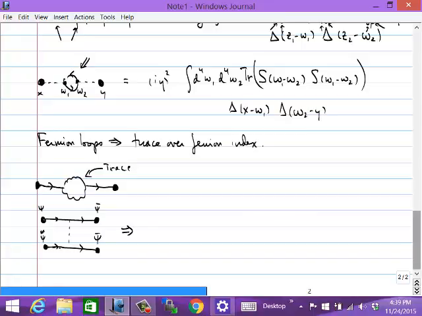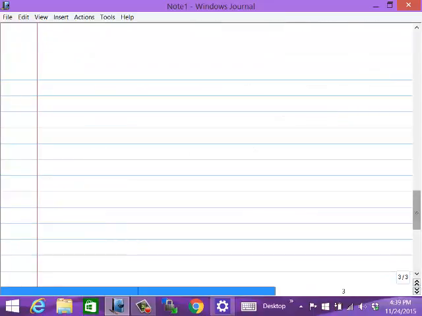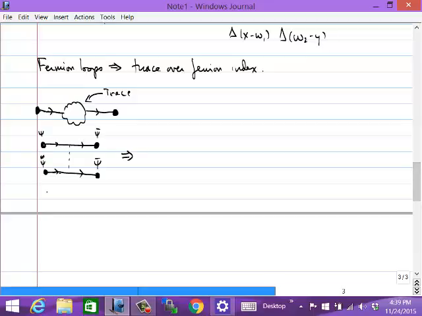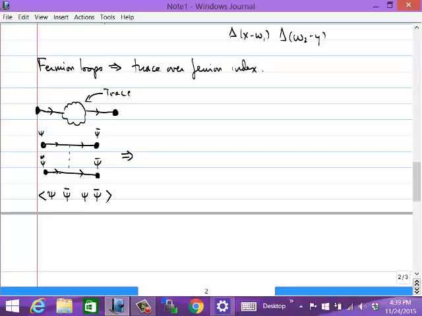And what is its contribution? Well, you get a psi, psi bar, psi, psi bar. So let's say that we want to compute this guy. Well, in order to keep all of our indices straight, I should really decide on what the indices are for these various spinors.